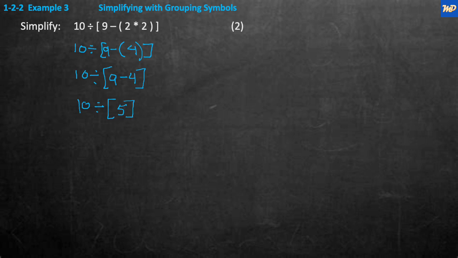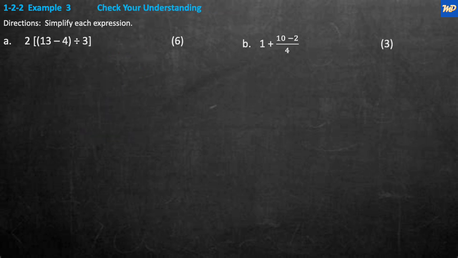There's no addition, subtraction, anything inside here. Okay, so now we can get rid of the brackets. So now we have 10 divided by 5, and that answer is 2. Okay, look easy enough? Good deal.